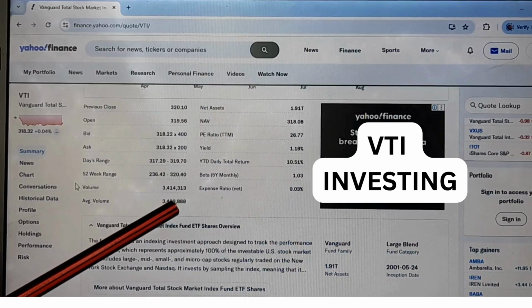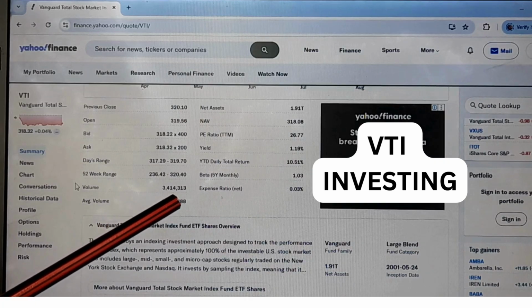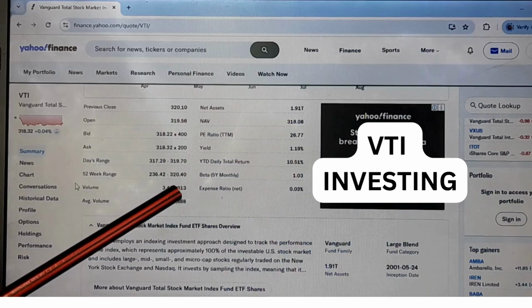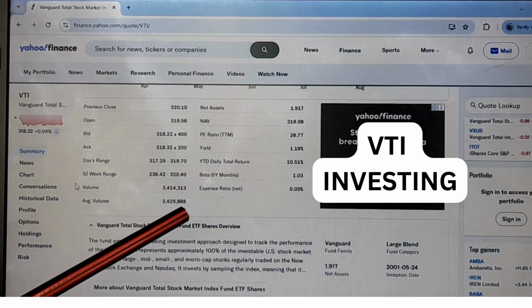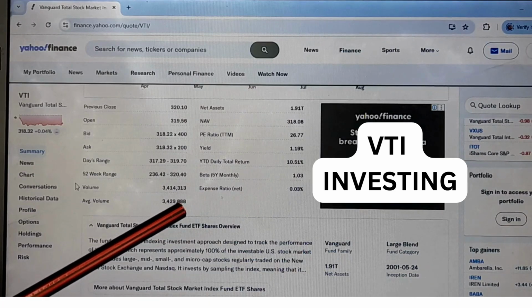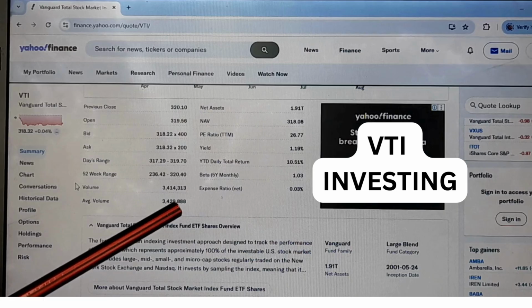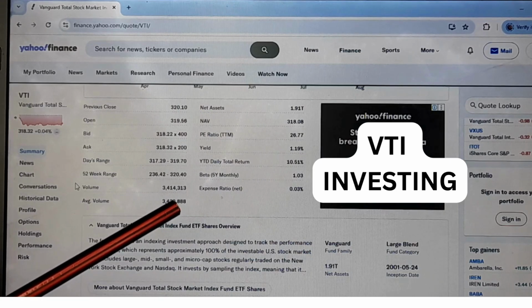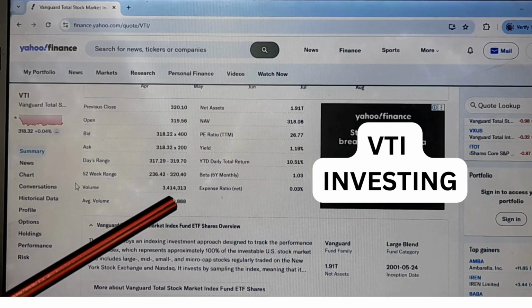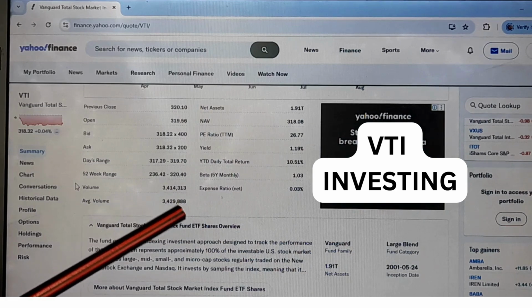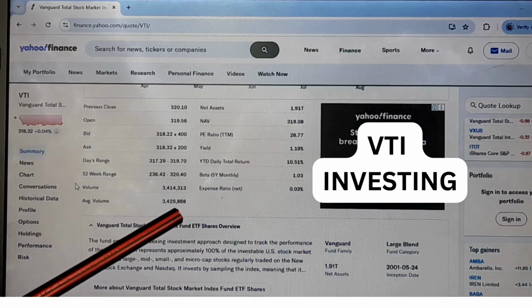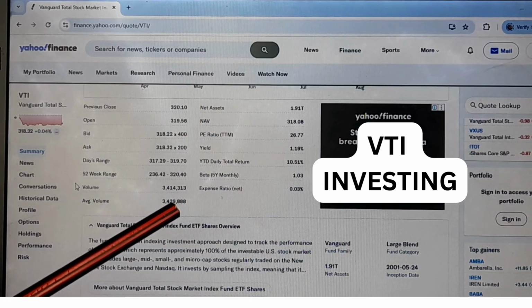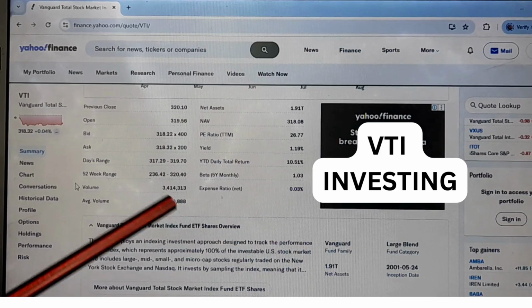Then we have the volume. The volume is the number of shares changing hands, okay? Now, there's average volume. The average volume is the number of shares, the trades going on during the day, okay? So this one, you check it. If you see that the average volume is higher than the volume, for instance, the average volume here is 3,429,000.